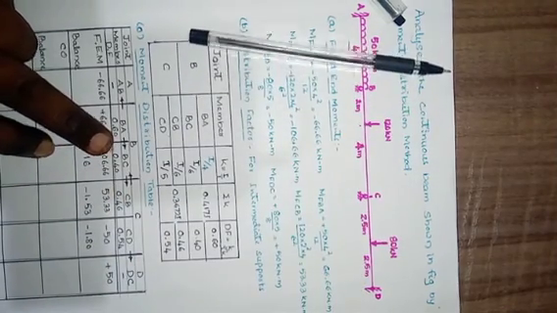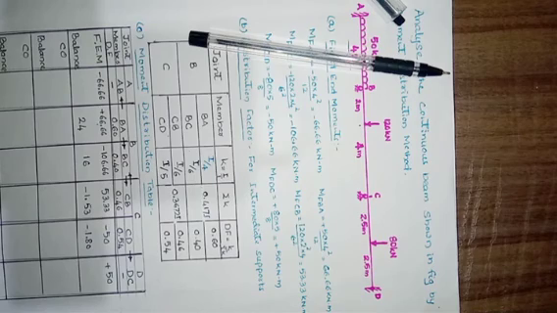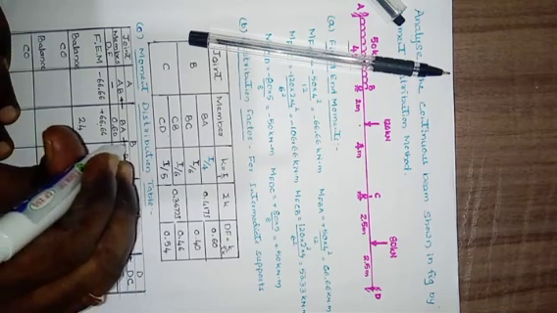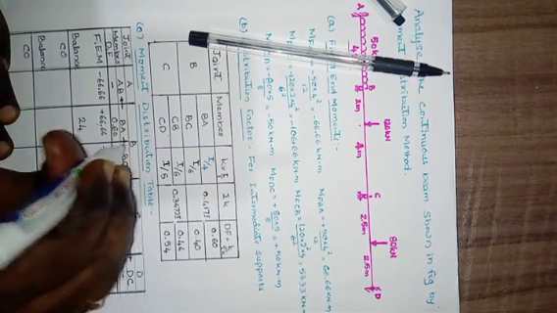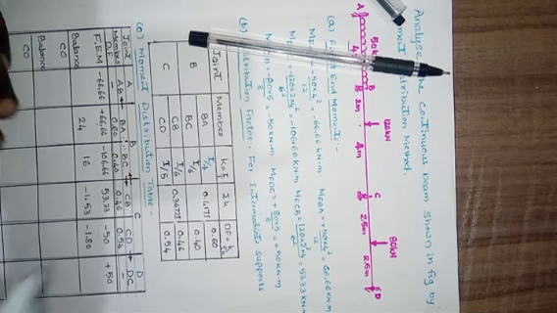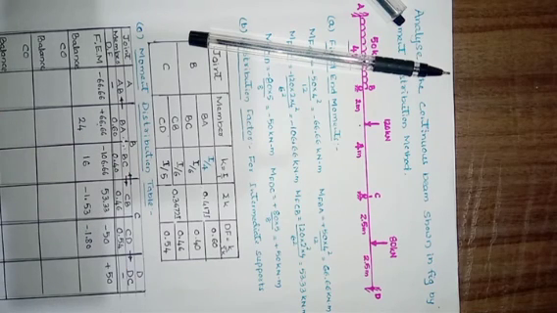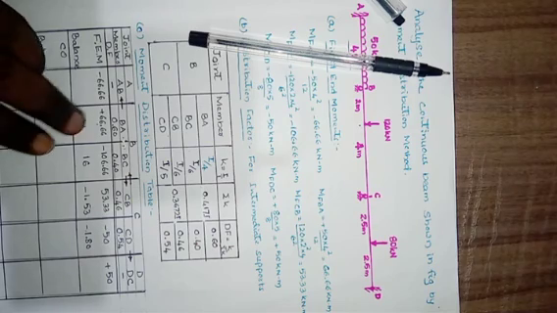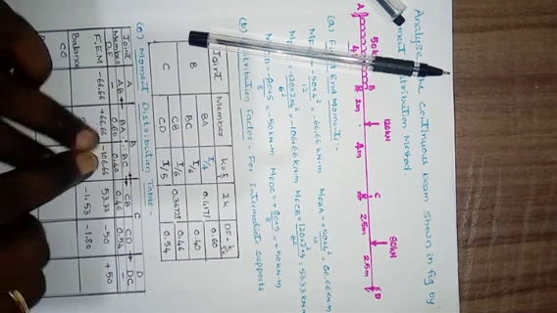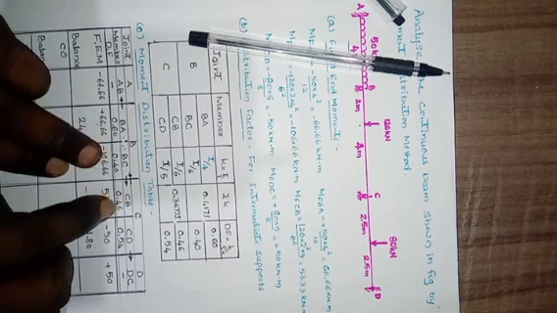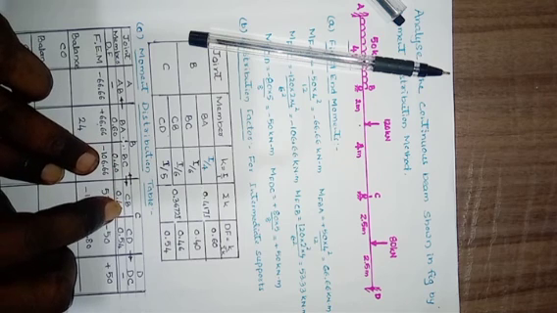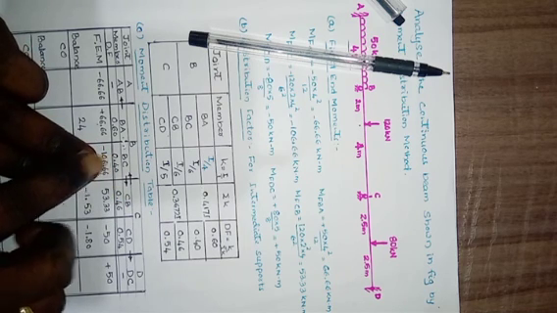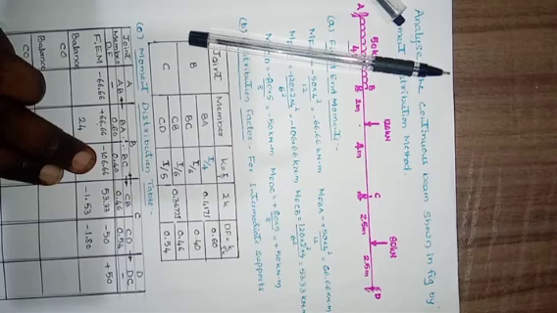There is the distribution of the moment, and 50% of the moment is carried from B to A. Similarly, 50% of the moment is carried from B to C and 50% of the moment is carried from C to B. Now we have to get the carryover moment.